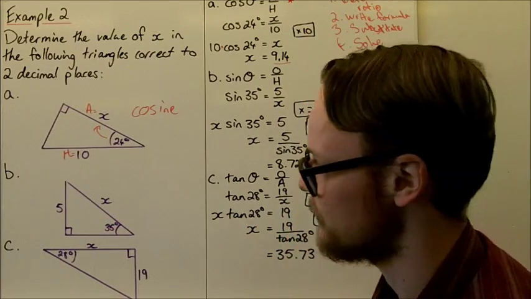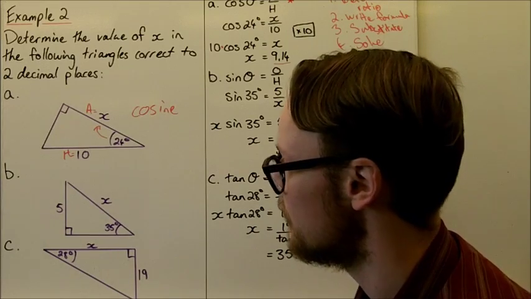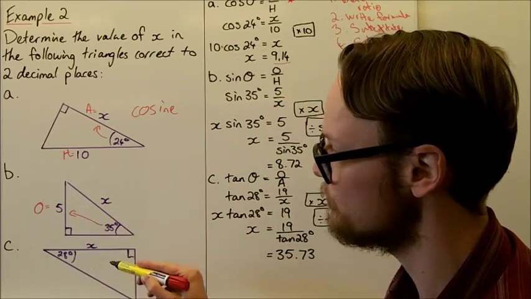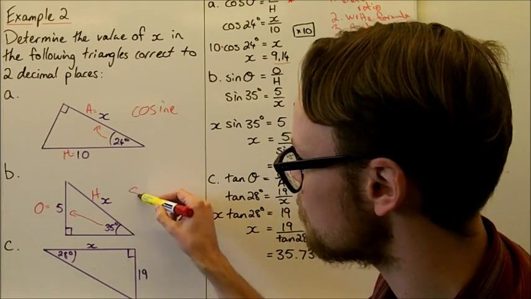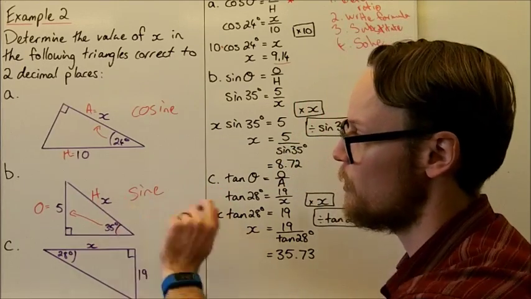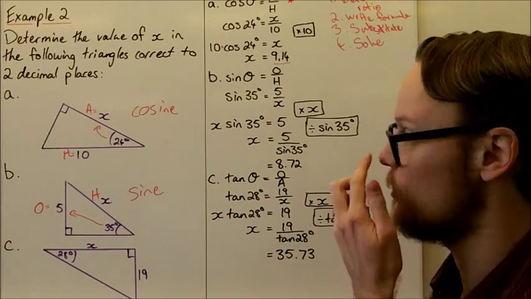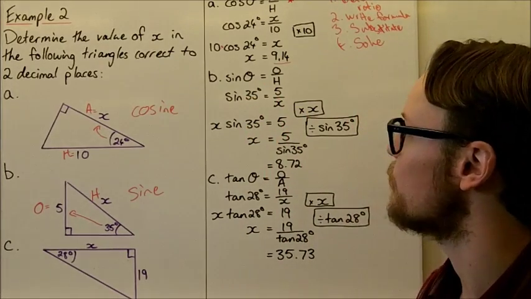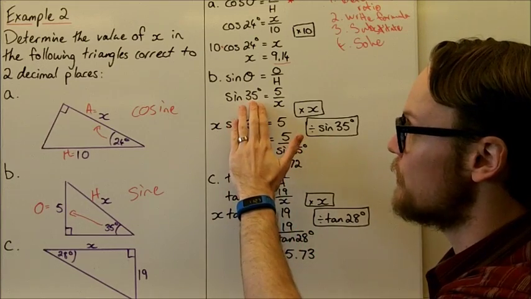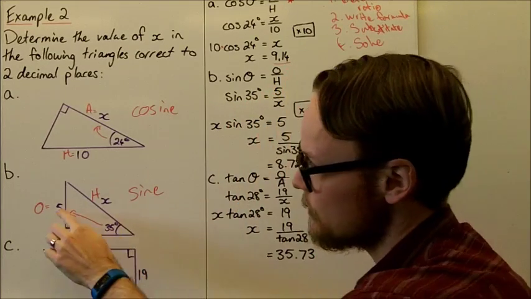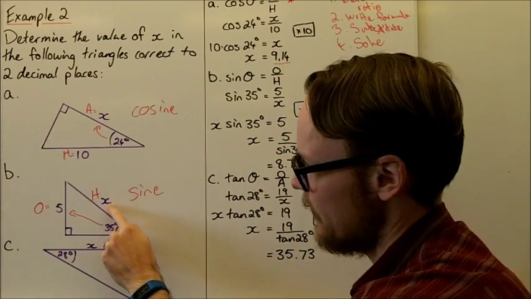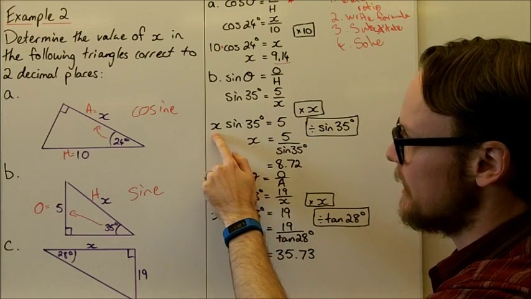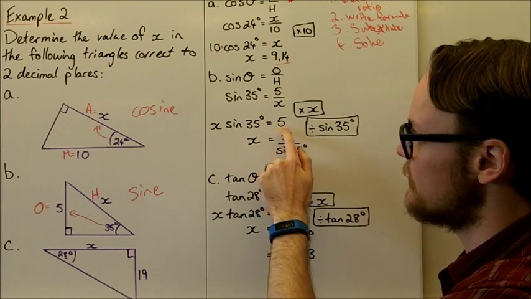First, determine the ratio we need to use. We've got our opposite side, the side opposite our angle, and we've got our hypotenuse. Because we've got the opposite and the hypotenuse, we need to use sine, because sine of our angle is opposite over hypotenuse. We write down our formula, sine of theta equals opposite over hypotenuse, and substitute in our 35 degrees, 5 for our opposite side, and x for our hypotenuse. If we multiply both sides by x, we get x sine 35 degrees equals 5.